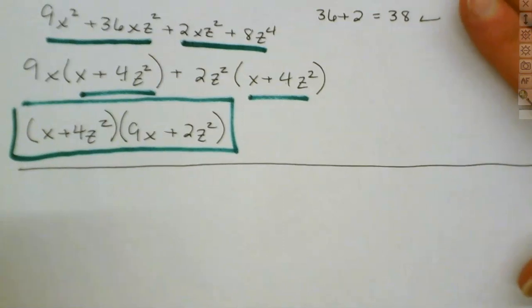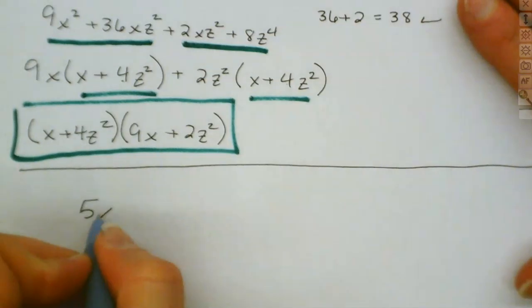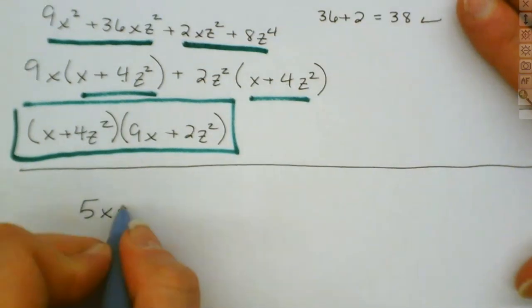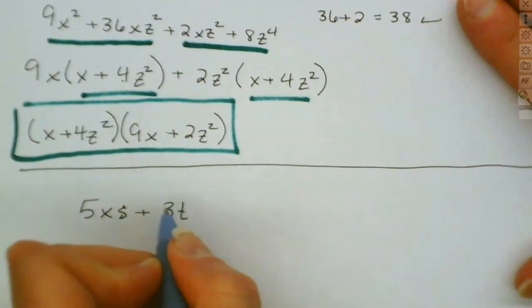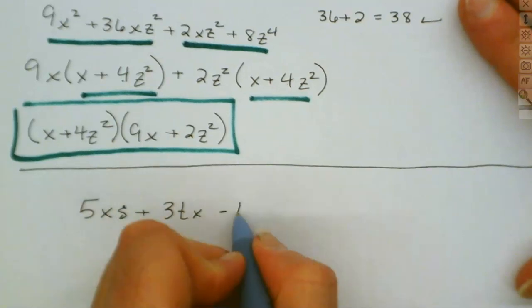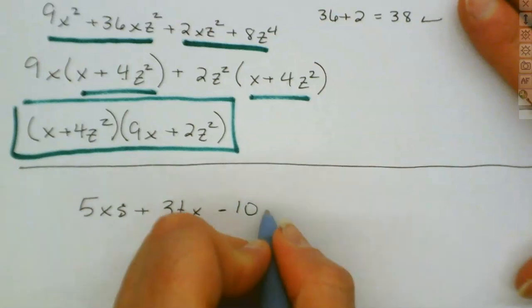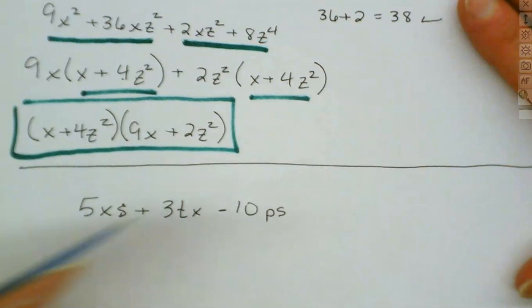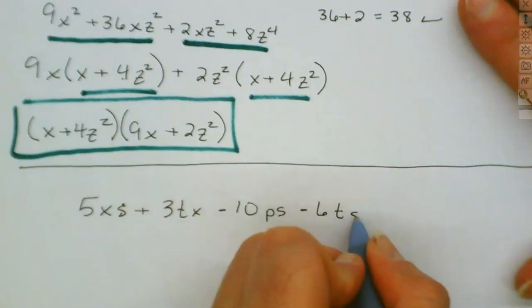How about 5xs plus 3tx, and then let's do a minus 10ps and a minus 6ts here.